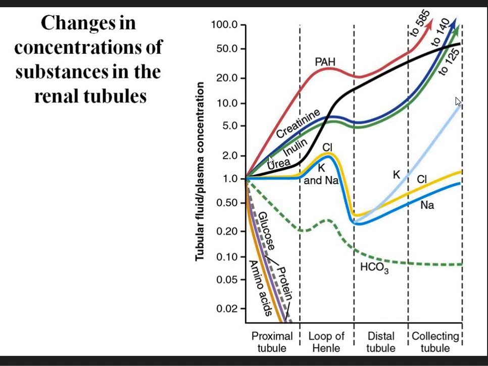Certain substances which are not reabsorbed at all, like inulin, creatinine, etc., keep increasing in concentration as the fluid passes further till the collecting duct. While some other substances keep on fluctuating, and their concentration is in relationship to that of water.